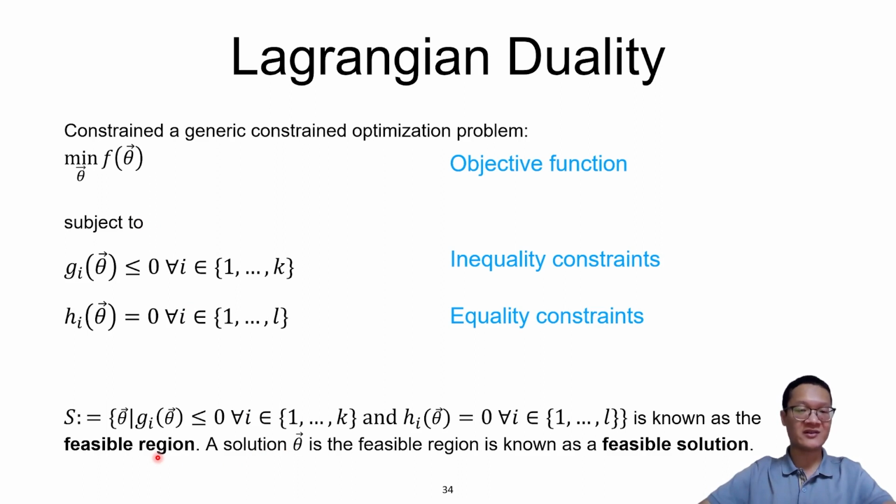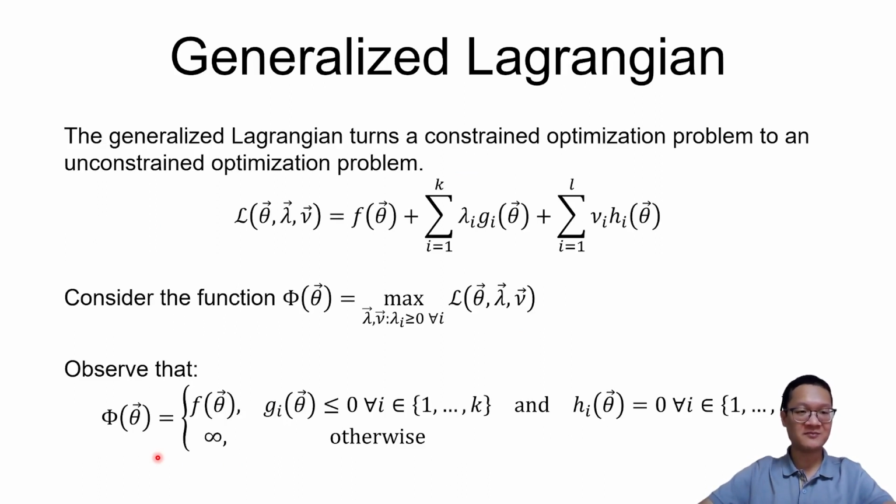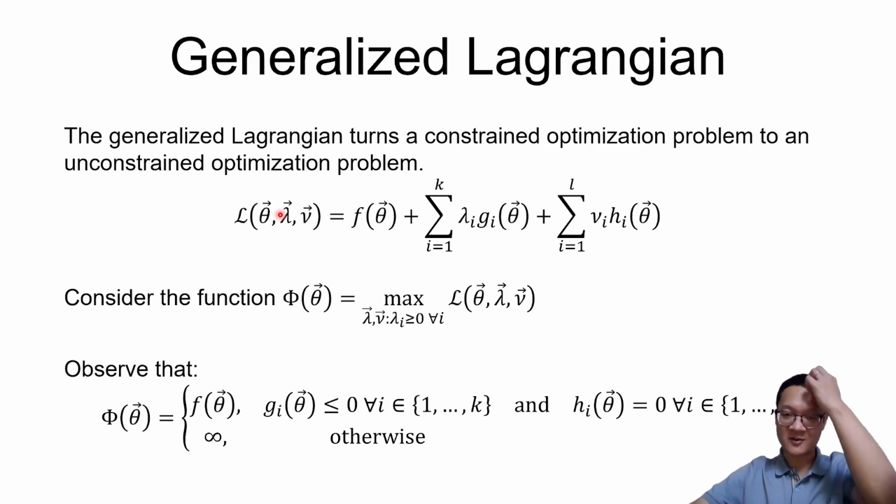So given such a generic constraint optimization problem, we can construct what's called the generalized Lagrangian, which basically turns a constraint optimization problem into an unconstrained optimization problem. The generalized Lagrangian is defined this way. So we're going to first talk about what it is and then talk about why we care about it.